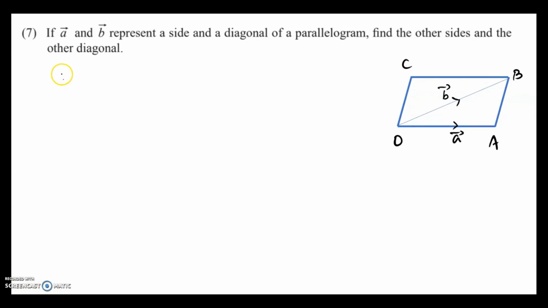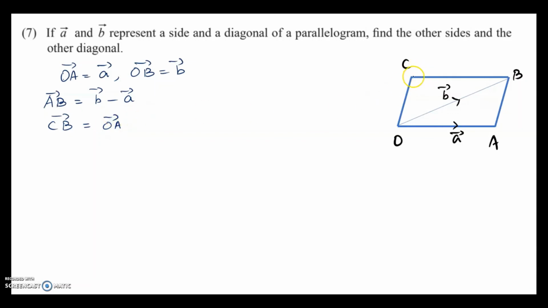So let's define our OA vector as equal to A and our OB vector as equal to vector B. So our AB can be defined as minus A plus B, which is B minus A. Then we can define our CB as equal to OA because they are in the same direction and same length because it's a parallelogram.